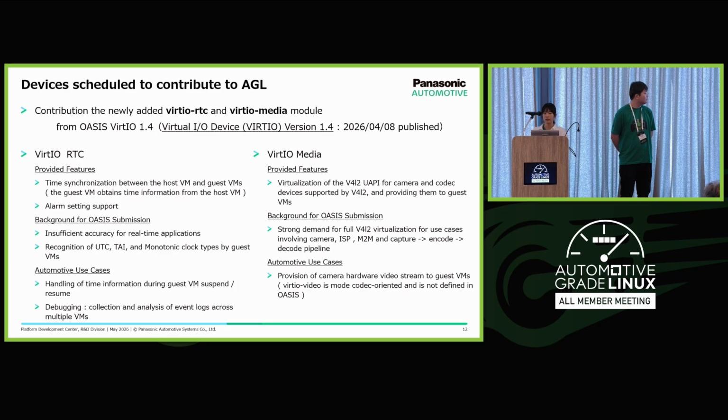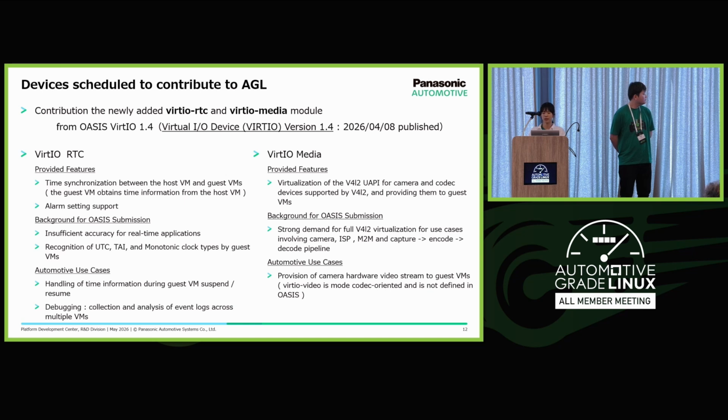Virtio-media, on the other hand, focuses on media and camera virtualization. It virtualizes the V4L2 user space API for camera and codec devices and exposes them to guest VMs in a standardized way.